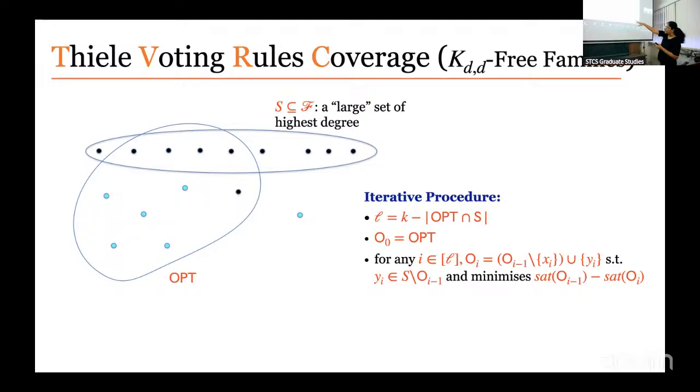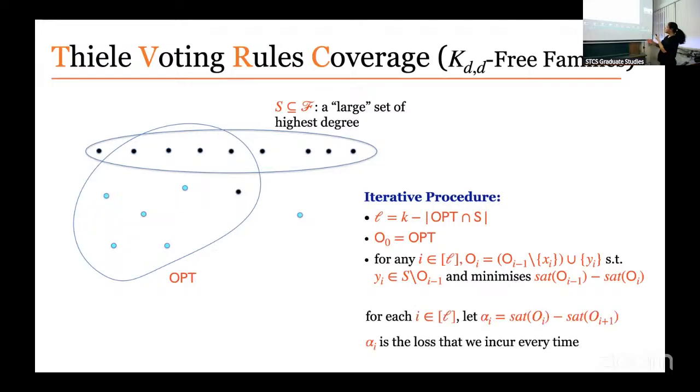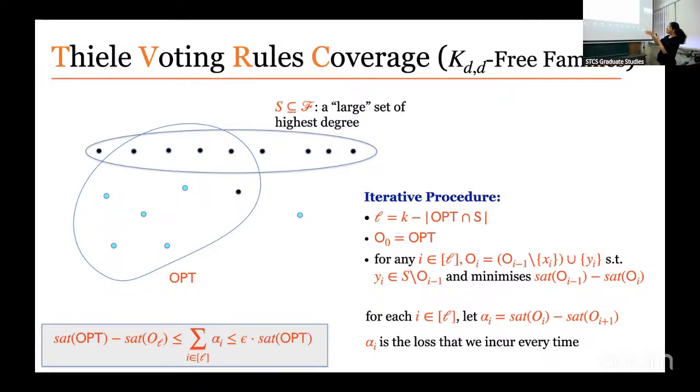We can delete any vertex from opt which is not in the intersection, and put in a vertex which minimizes this loss. This black vertex which I entered is the vertex which minimizes the loss, and let's call that loss alpha i. We keep repeating it, and we can show that the summation of alpha i is not too much.